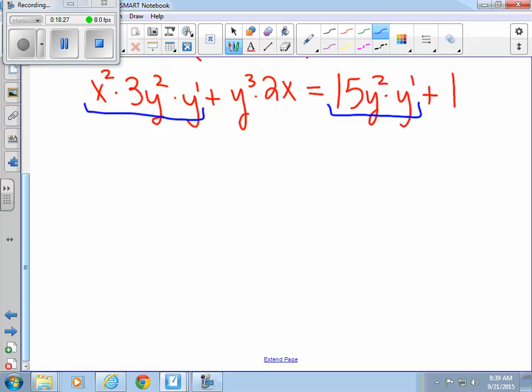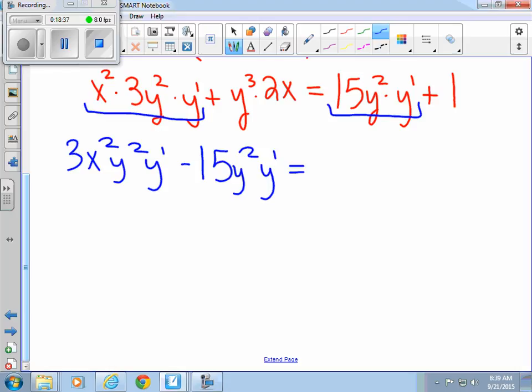So I have 3x squared y prime minus 15y squared y prime. And then I'm going to subtract the 2xy to the other side. Okay. Any questions so far?